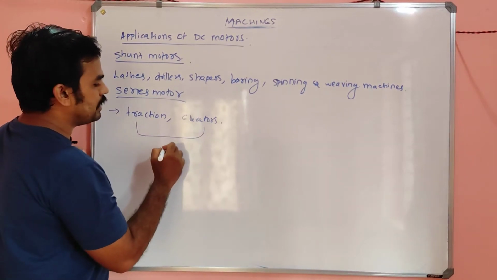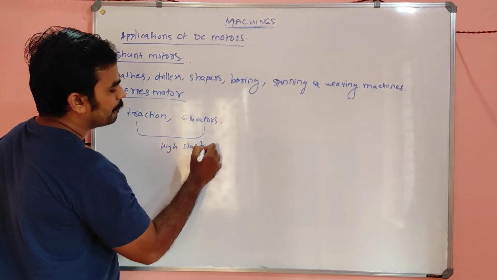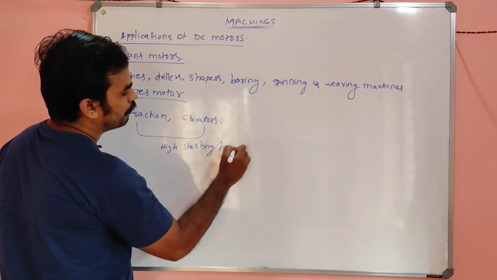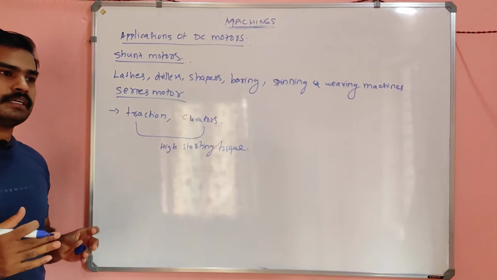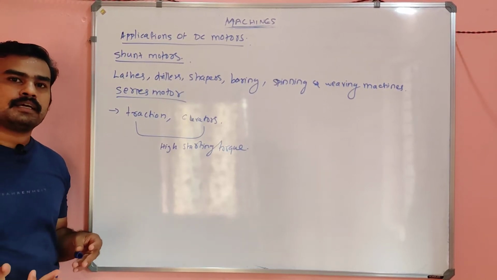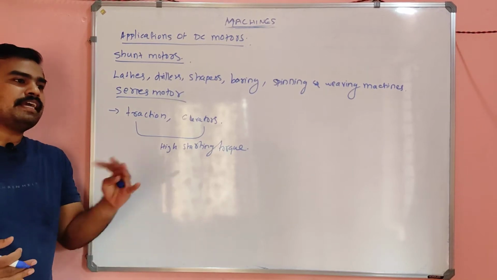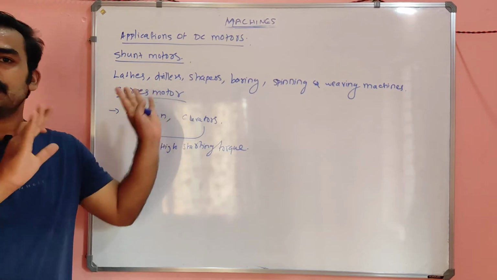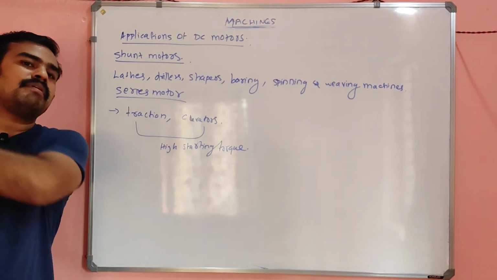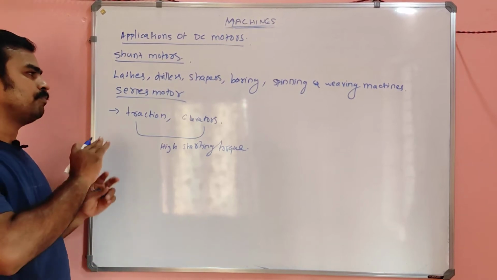These two applications are due to high starting torque. Here also, variable speed in the sense that you can vary the speed, but it need not vary all the time. You can vary the speed and fix it to some other speed and it will continuously operate like a shunt motor. But the speed can be varied very much. That is the meaning of variable speed.